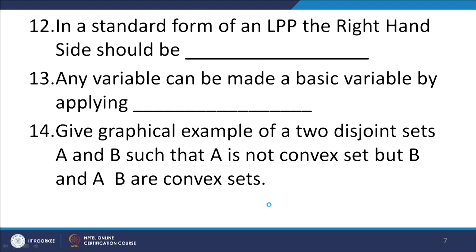Question number 14. Give a graphical example of two disjoint sets A and B such that A is not a convex set, but B and A union B are convex sets.